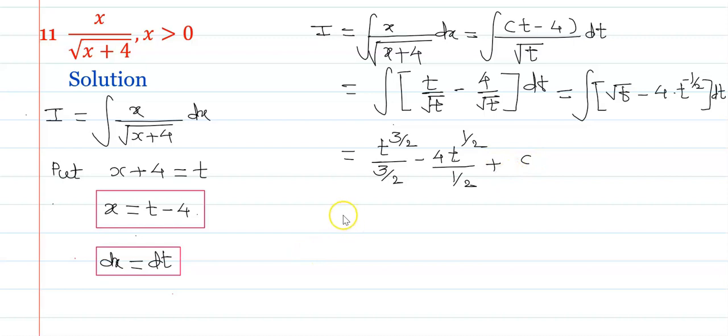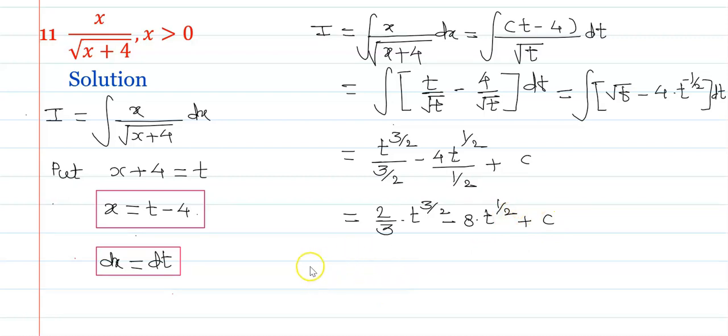Now multiply by the reciprocals, and then you will get 2 by 3 into t raised to 3 by 2 minus, again multiplying by the reciprocal, 4 into 2, 8 into t raised to 1 upon 2, plus c.